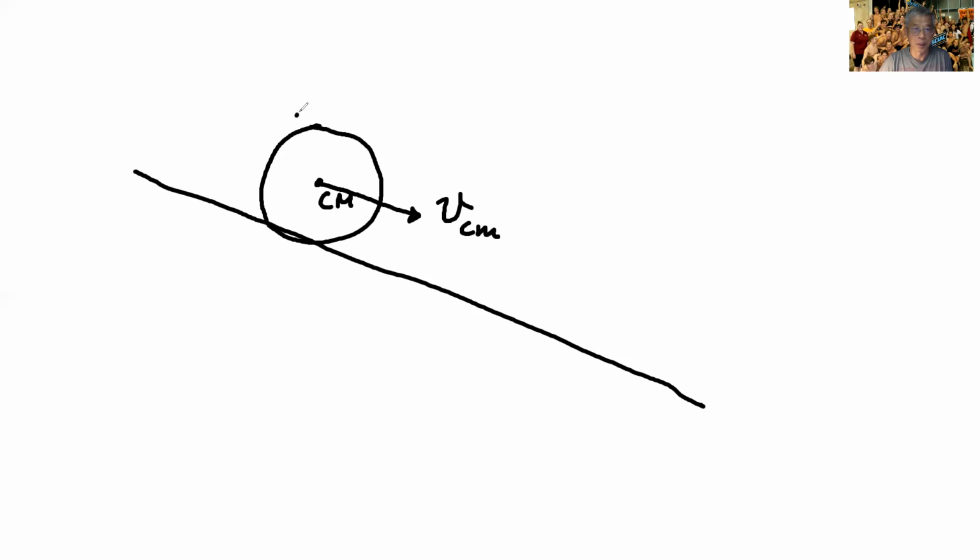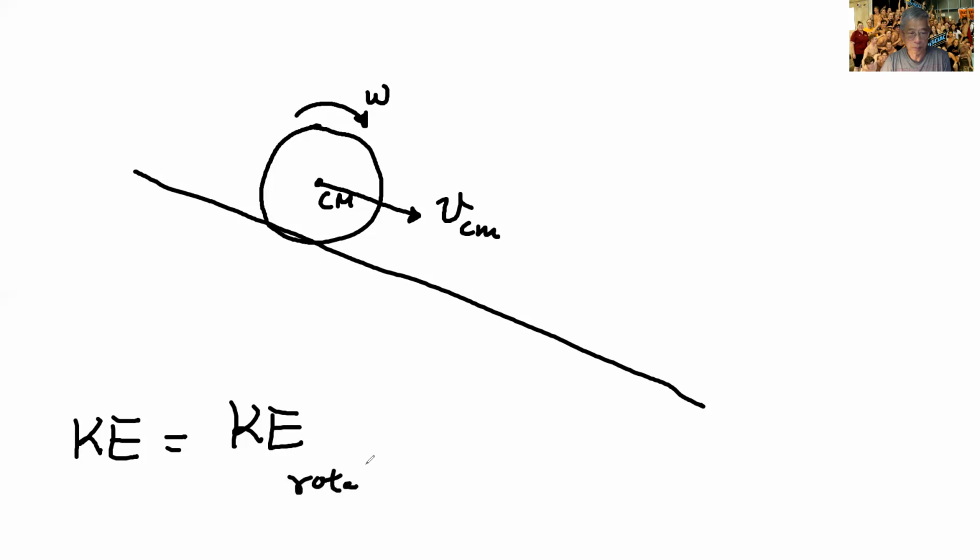At the same time, it will be doing the rotation like that, okay? So then when this object is doing that, your kinetic energy will be equal to kinetic energy of rotation plus kinetic energy of translation.